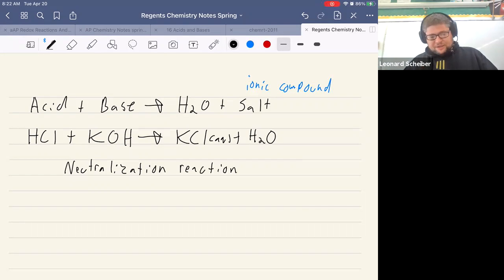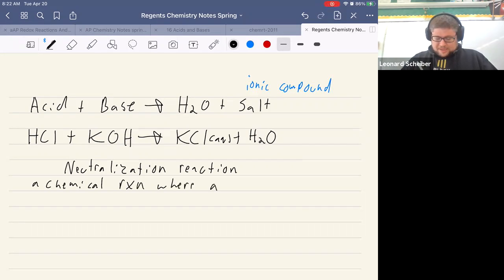So an acid-base reaction is a neutralization reaction, which is a chemical reaction where acid and base neutralize each other.